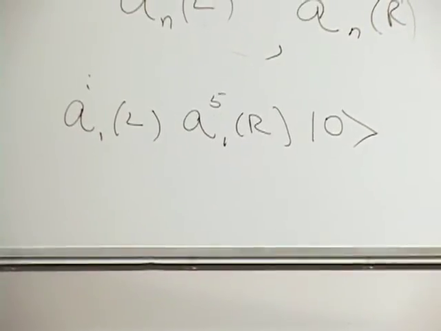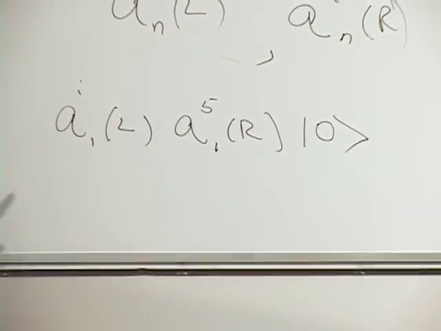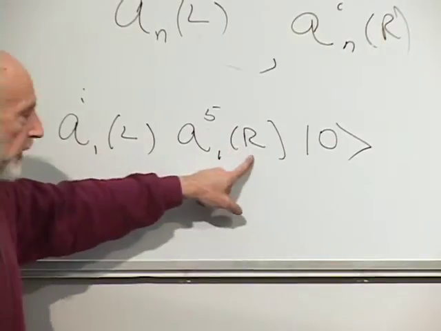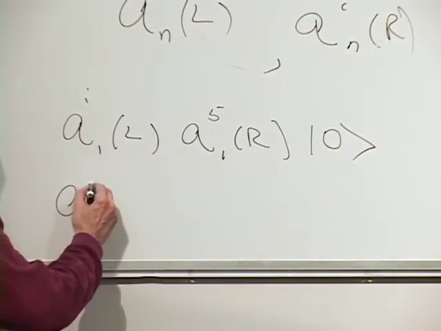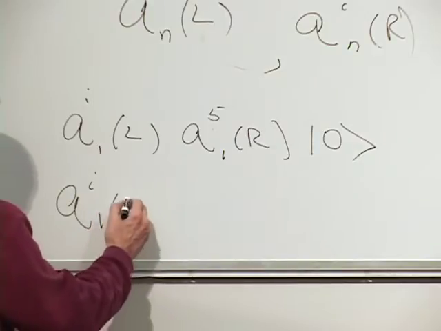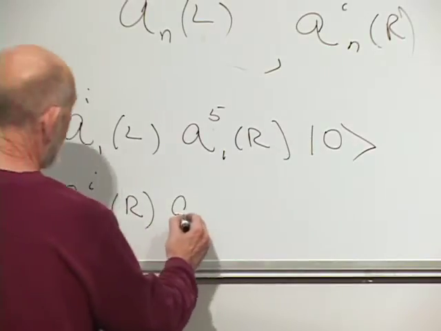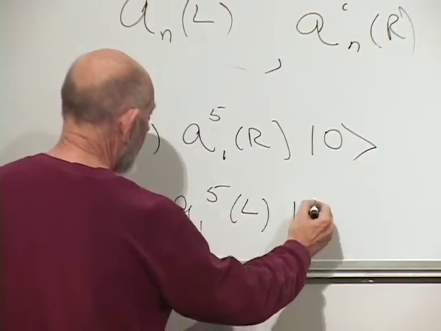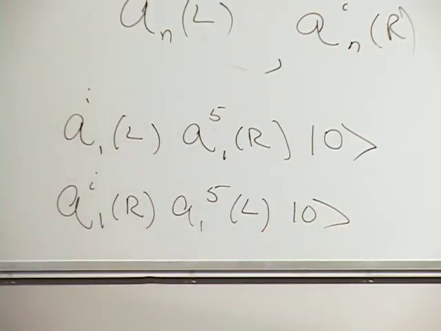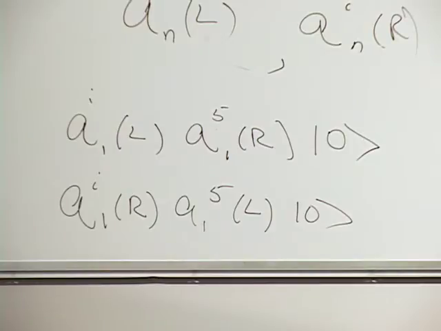Okay. But there are 2 ways to do it. You could have this one being left and this one being right, or you can have A_i5 right, A_5i left. There are 2 possibilities now, and it seems like that means that there are 2 kinds of particles that behave like photons.